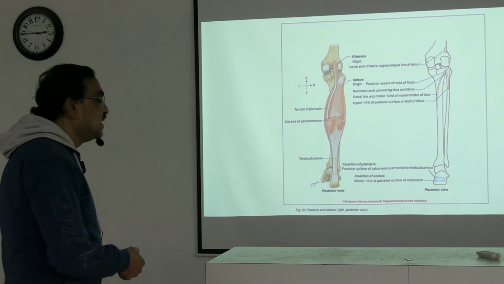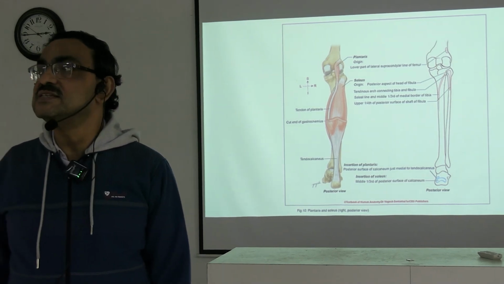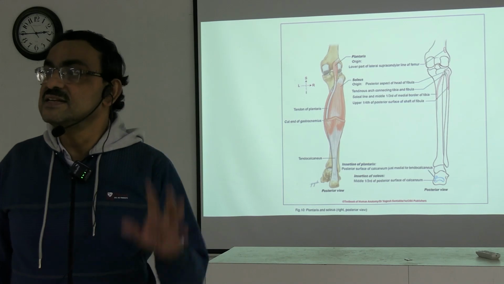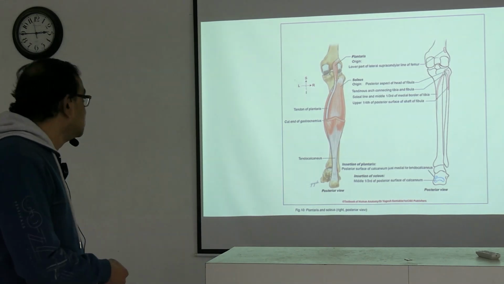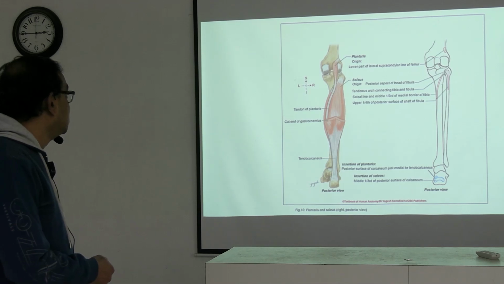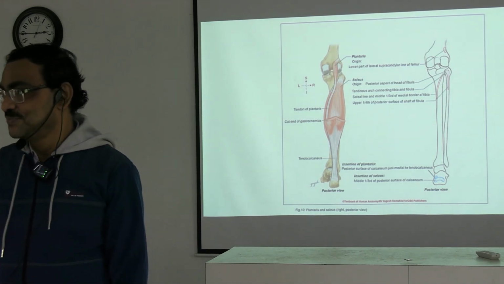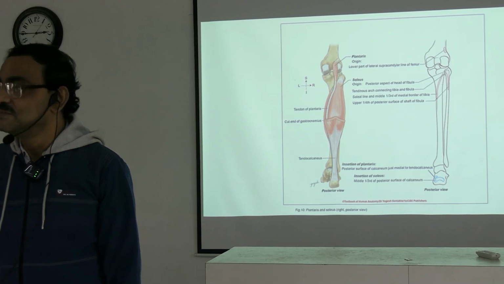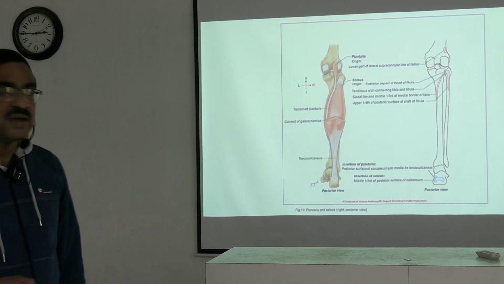It looks like the tail of a rat. And many a time this muscle is absent. At least in 10% of the population, you will not get this muscle. And one may mistake it as a nerve also. The freshers can miss it as a nerve. So this is called Fresherman syndrome.